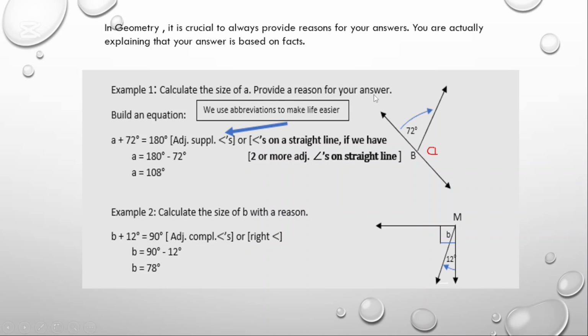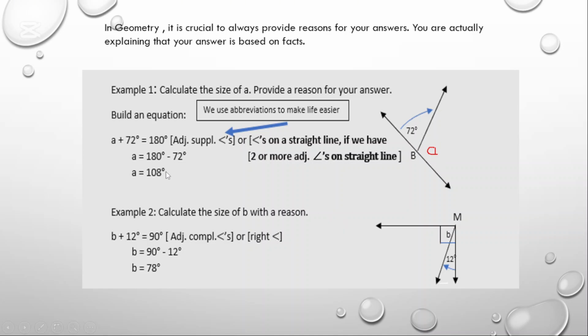From our previous lesson, we know already that when we have a straight line and we have adjacent angles with a common vertex there, they add up to 180. Why? Because they are supplementary, because they add up to 180, and adjacent because of the reasons: common vertex, common side, and on both sides of the common side.